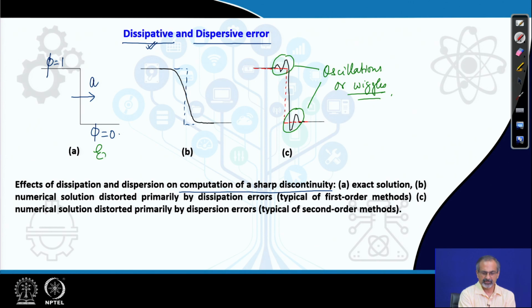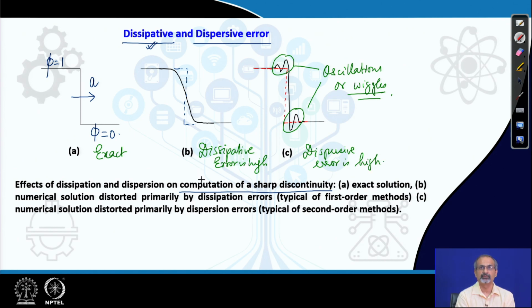So, this is the exact solution. This is a solution where dissipative error is high, and this is another solution where dispersive error is high. B and C solutions are numerical solutions, while this is the exact solution.